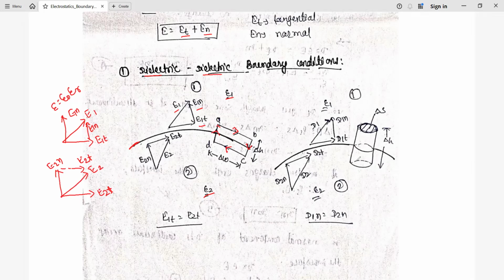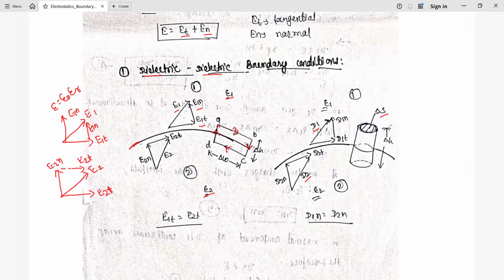Then we'll see how we are able to obtain the flux density. On the right side, at the interface, we are considering a differential surface, delta S. Again we have normal and tangential components of the flux density in medium 1, and similarly in medium 2.